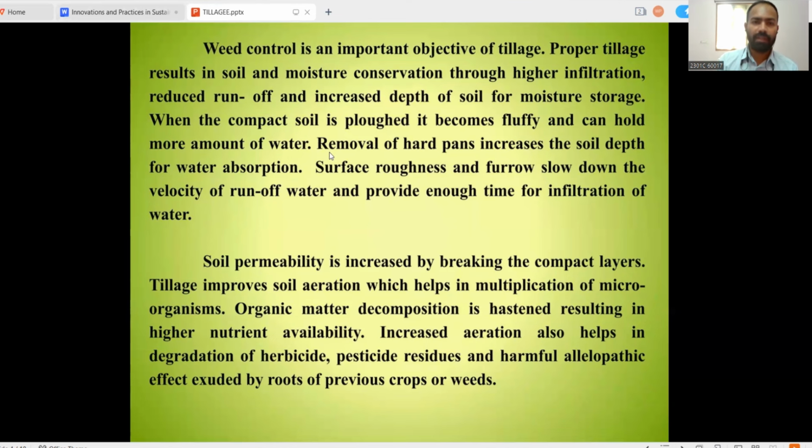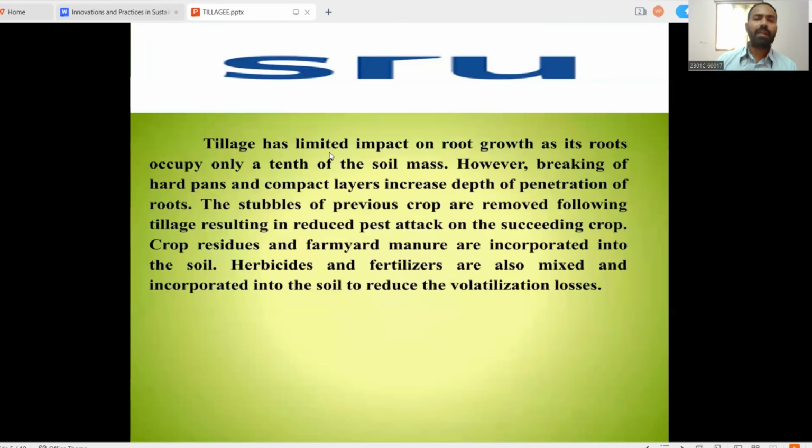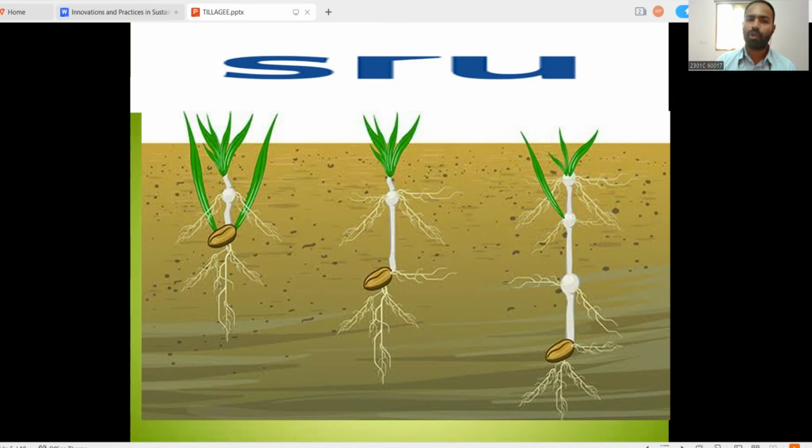Then moving on next. Tillage has limited impact on root growth as roots occupy only a tenth of the soil mass. It will grow only in a tenth of the soil mass.